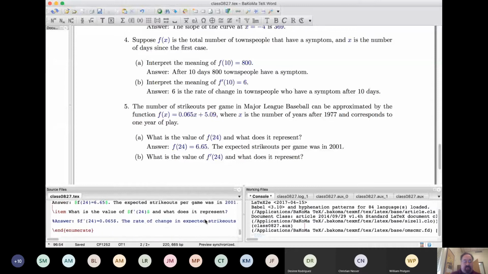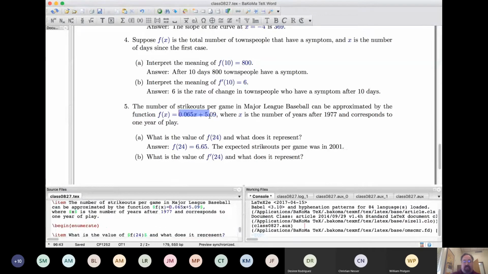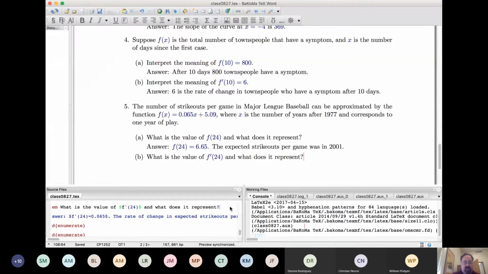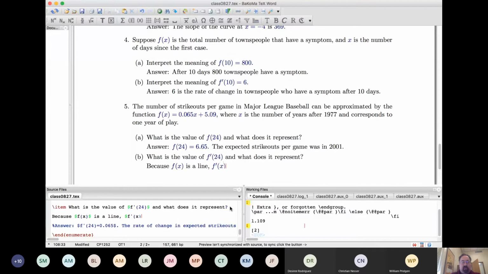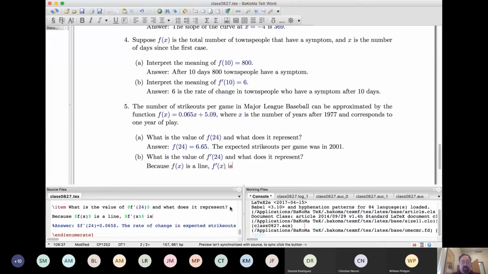By contrast, the derivative, well, this is a function that's just a line. So the derivative would simply be the slope of a line.